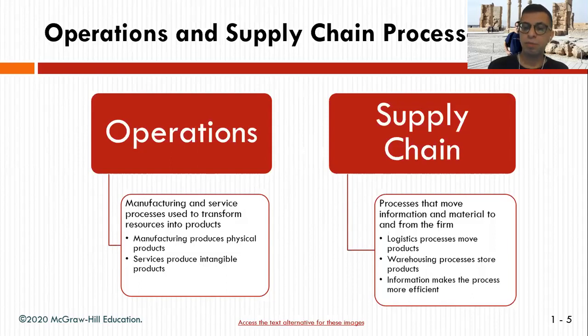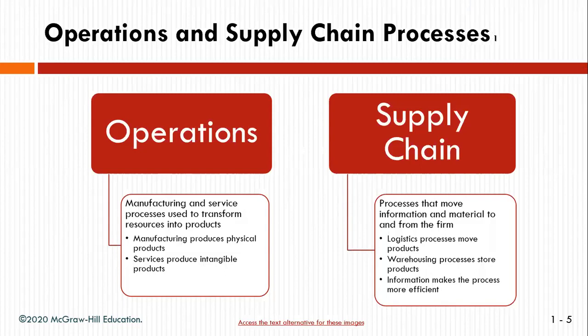The part of the supply chain is the process that moves information and material to and from the firm. It's part of a logistical process that moves the products, and a warehousing process that stores products, and information makes the process more efficient.